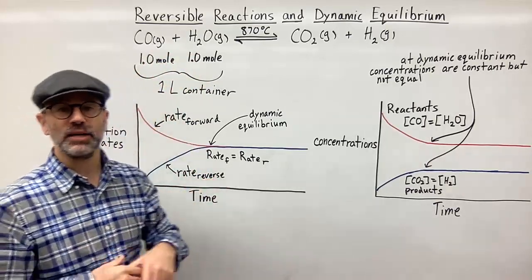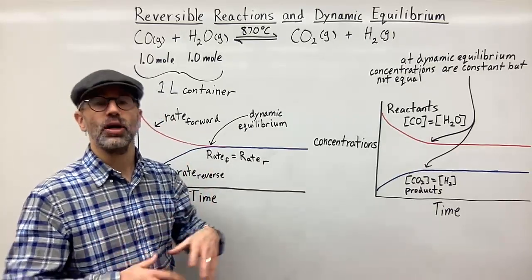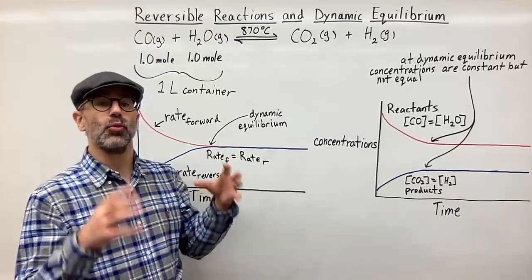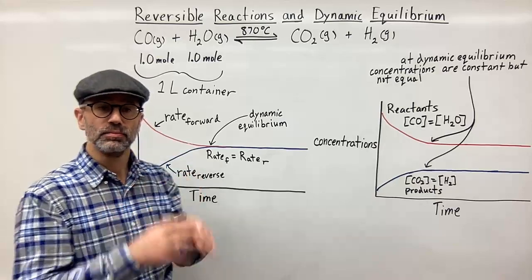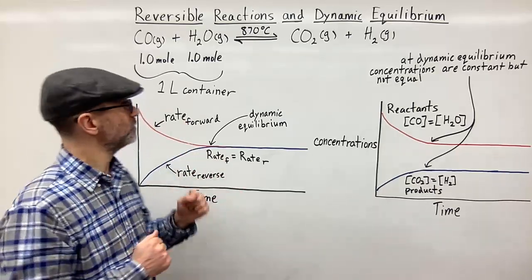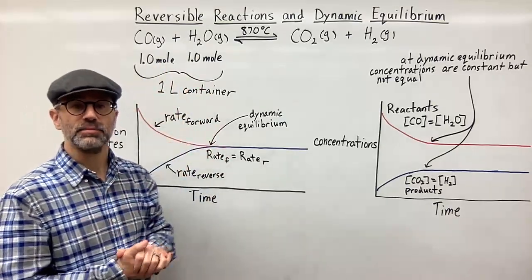So as we said in previous videos, in order for a reaction to go, they have to collide. The reactants have to collide together with the right amount of energy and with the right orientation. So before any collisions occur, any reactions, we have 1 mole of just reactants.